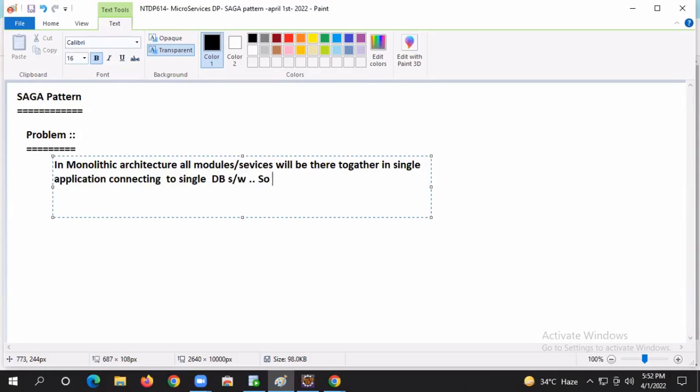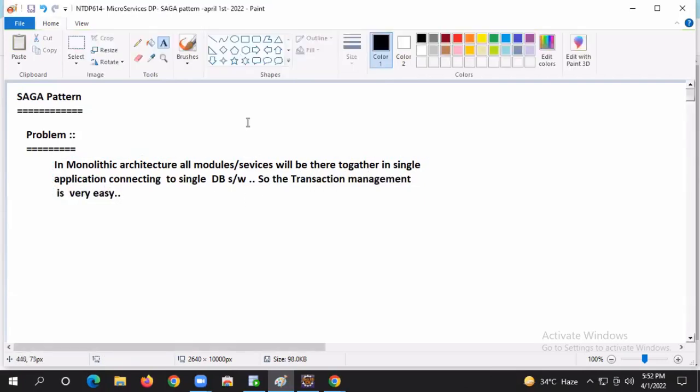So the transaction management is very easy. What do you say, guys? The transaction management is very, very easy. Why? All we need to deal with is a single database.